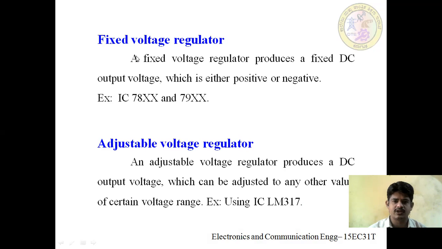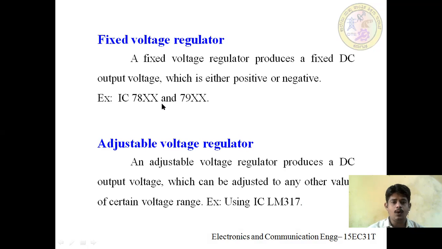A fixed voltage regulator produces a fixed DC output voltage, which is either positive or negative. So remember this. It can provide you either positive or negative, based on your requirement. You can go for a particular kind of fixed IC voltage regulator. Mainly, examples of fixed voltage IC regulators are the IC 78XX series and IC 79XX series.